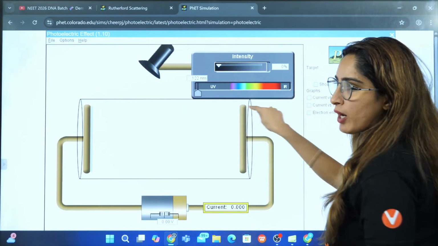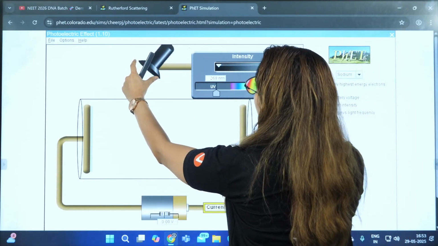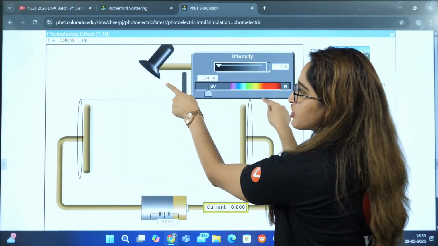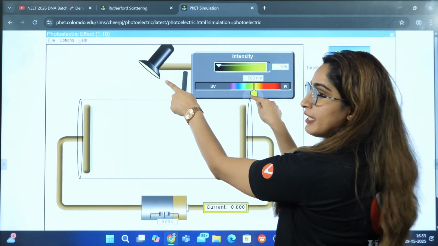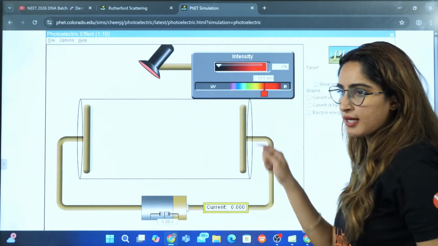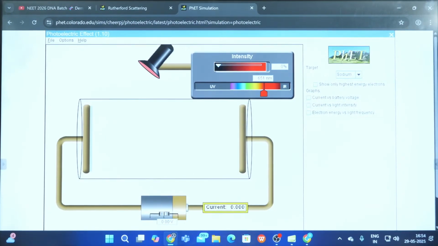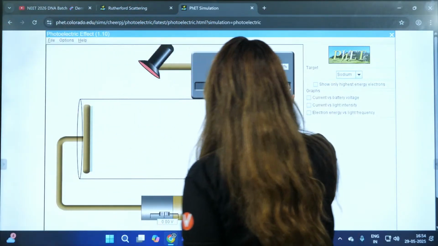By varying this, I am varying the frequency, I am varying the wavelength of the incident light. This is changing. It was earlier yellow. Can you see? This part is changing. If you're not able to see that, wait a minute. Okay, now you will be able to see that. So that is how it is changing.